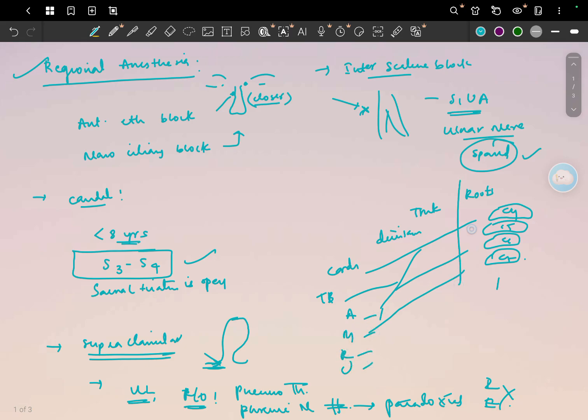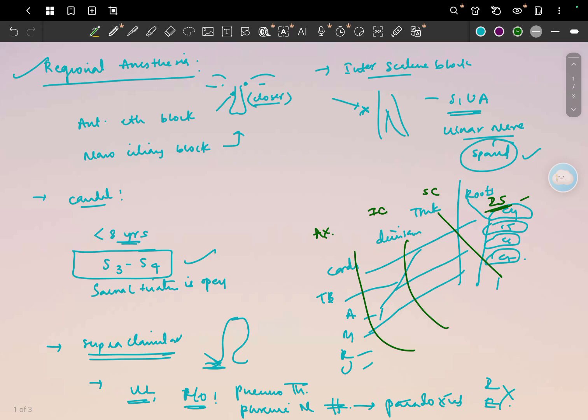Here we'll be giving the interscalene block, then we can give supraclavicular here, infraclavicular here, and axillary here. So this is how roughly you give blocks.